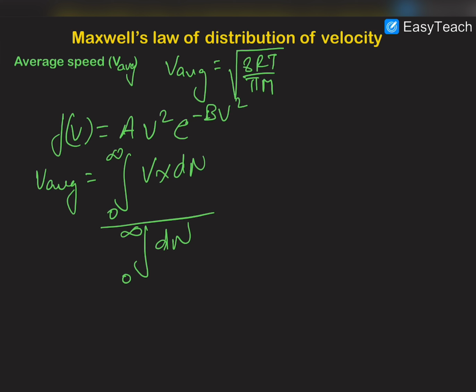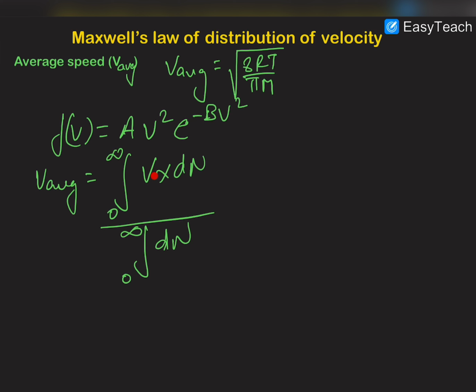Let us suppose that there are 5 molecules moving with different speeds, then we would find their average by v1 plus v2 plus v3 plus v4 plus v5 upon 5. So this is a continuous function, so we cannot use summation. So we are using integration, and therefore the term would be v dn, integration from 0 to infinity.